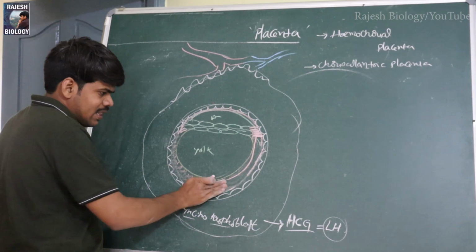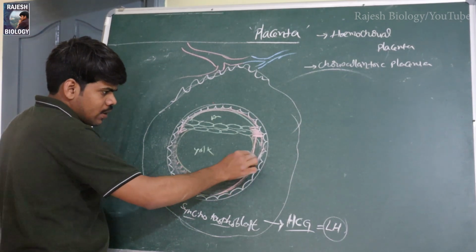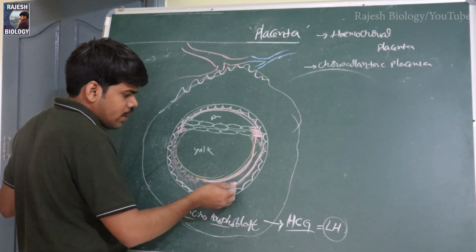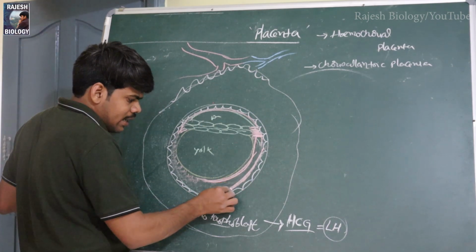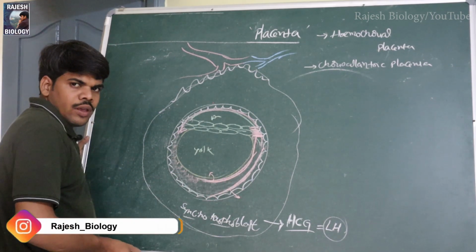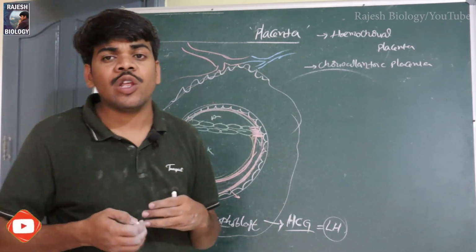This cavity is called the extra embryonic coelom. Its outermost layer is the somatic pleura, and the inner one is the splanchnic pleura. So it is also called secondary schizocoelic. You know, we are enterocoelomates.